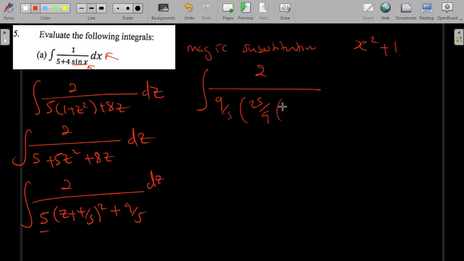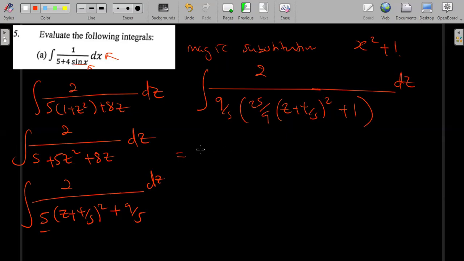And of course, my z plus 4 over 5 squared still remains the same, like that. Then of course, my plus 1, since I've just factored out this 9 over 5, when I multiply by the 1, it gives me the 9 over 5, which is there. So from here, we've just written it and factored out the 9 over 5. Nothing has changed at all.